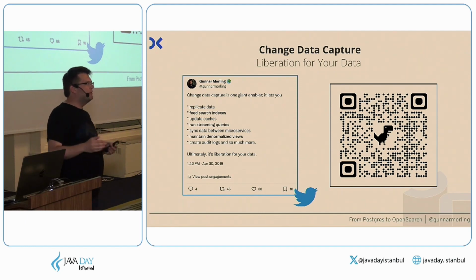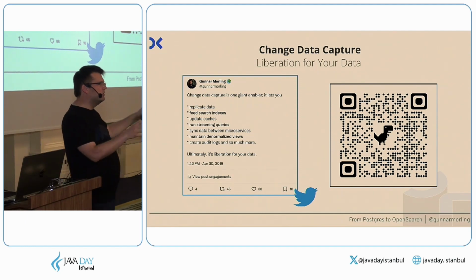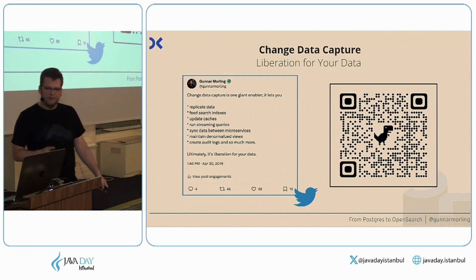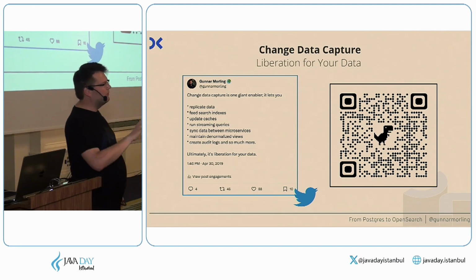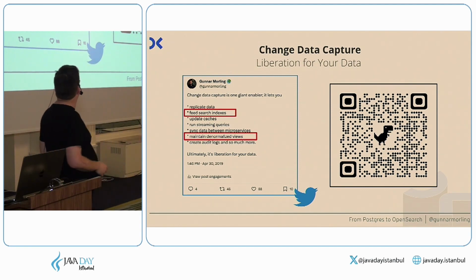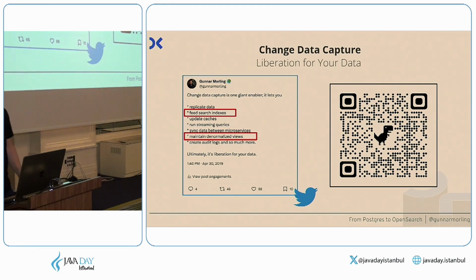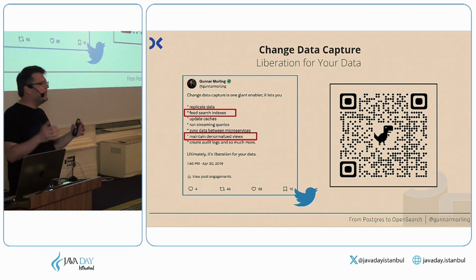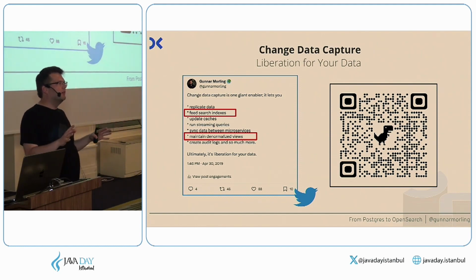Maybe you would like to denormalize your data and put it into a cache close to your users, some sort of CQRS architecture. You can use it for synchronizing data between microservices and many more. But today I would like to talk about search index updates and also how we can go about denormalizing our data, so creating data representations which are optimized for particular use cases.